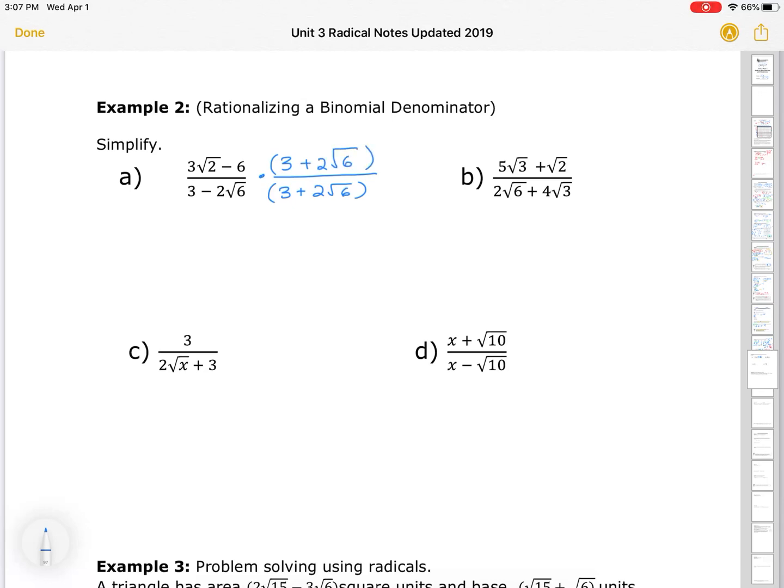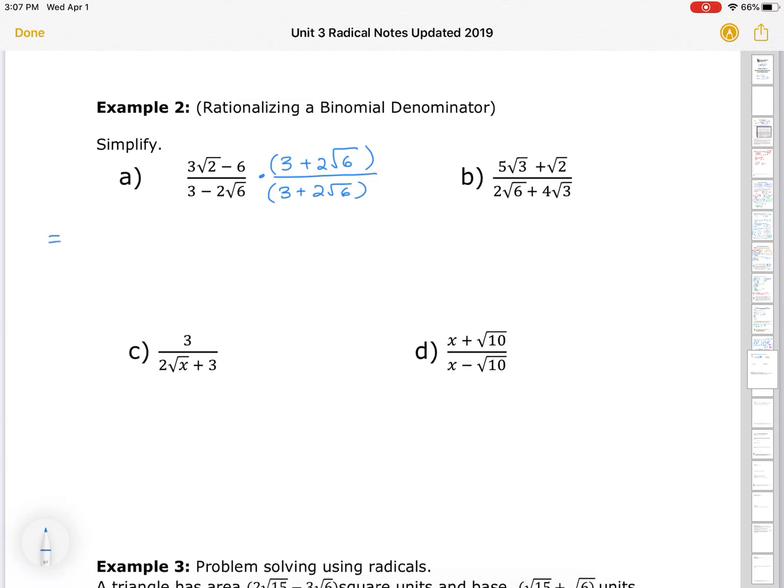I'm multiplying the top and the bottom by exactly the same expression because that's like multiplying the expression by 1. You can't have something different on the top and the bottom because then you are changing the expression. I've just written 1 in a different way.